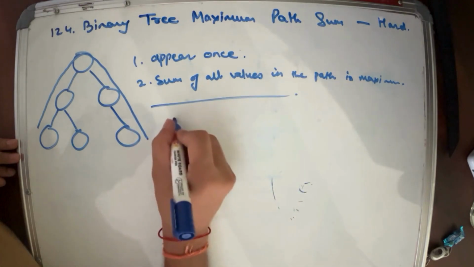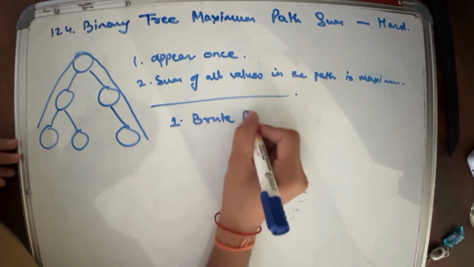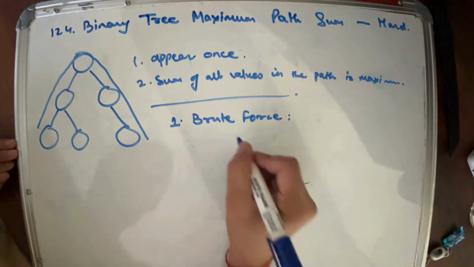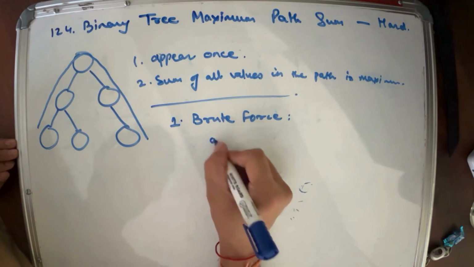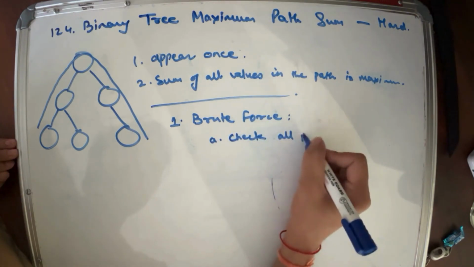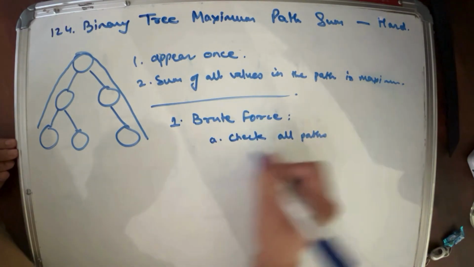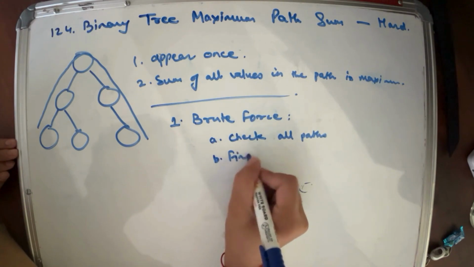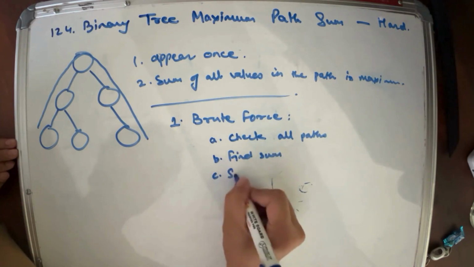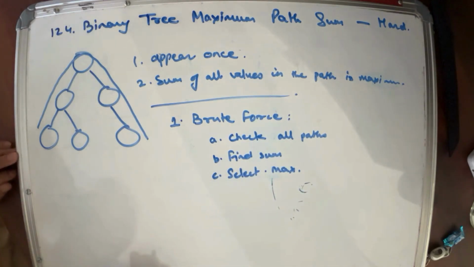Okay. So one approach, brute force, will be what? Check all paths, find the sum, select the maximum, right? Okay.